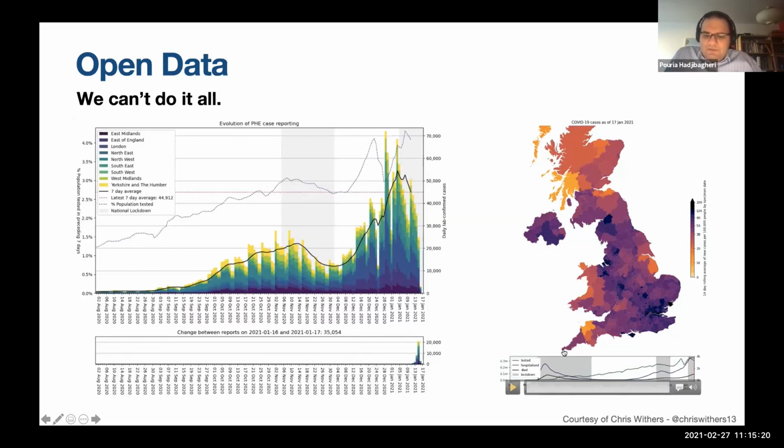But it is nonetheless useful information, and it is being produced by people who are very committed. They have been doing it all the way since I think June, every week, or sometimes even every day in some cases.